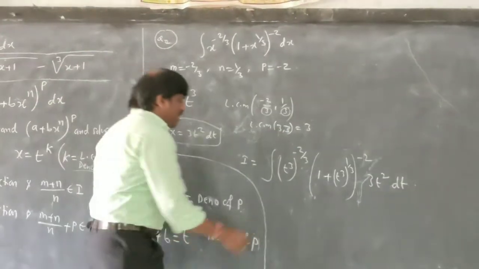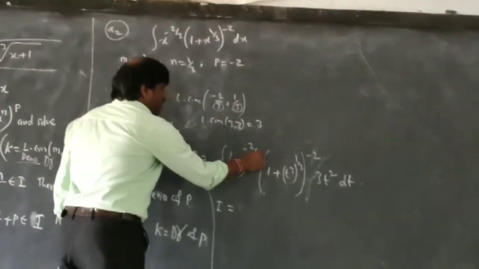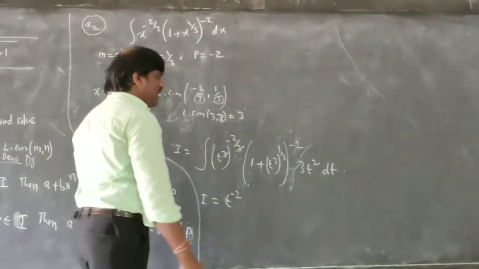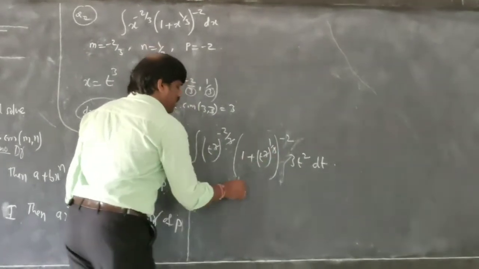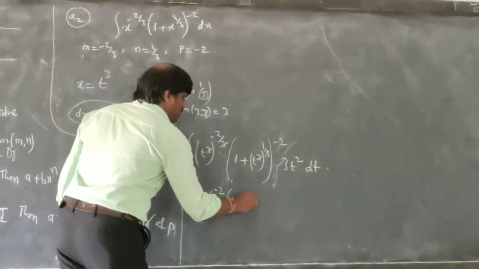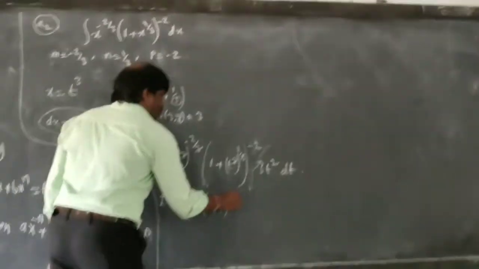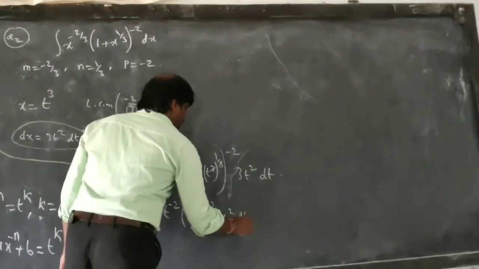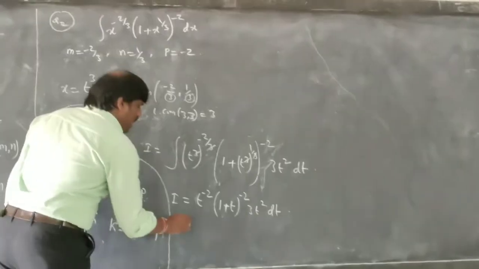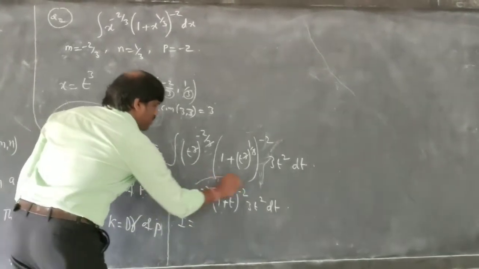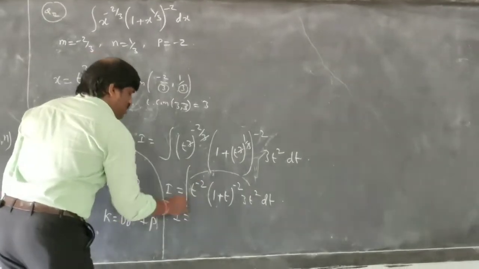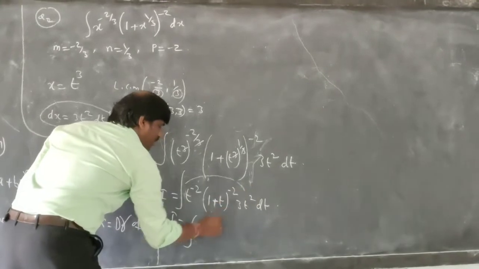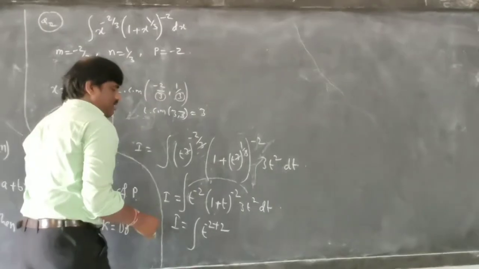Correct? So I is equal to what I am getting here. 3 gets cancelled. t power minus 2. And this 3 gets cancelled. Inside I am getting 1 plus t whole power minus 2 into 3t square dt. Now the combination of this one and this one: integration of t power minus 2 and this is t square, that is t power 0 I will get.